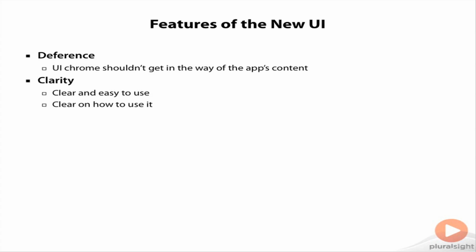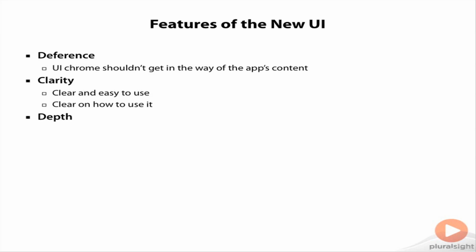How to use the app and the clarity of different components is done in many apps in the new version of iOS with color. So color as a hint to what things are clickable and actionable versus what things are content. And we'll see that as we go along throughout not only this module, but through the rest of the course.